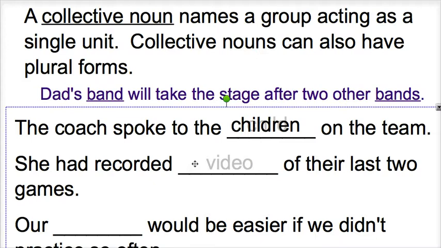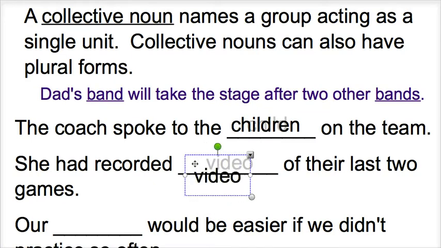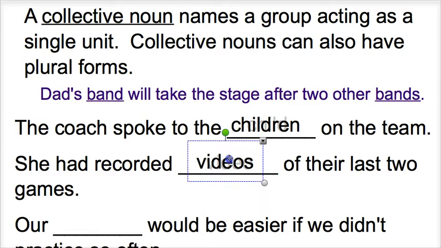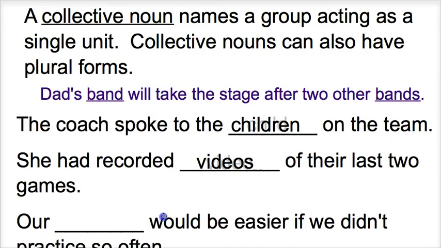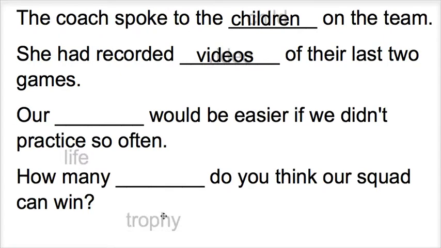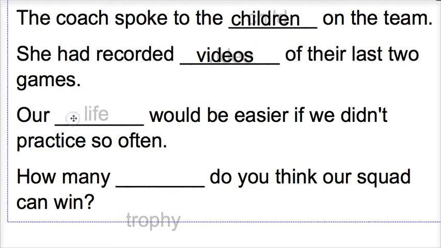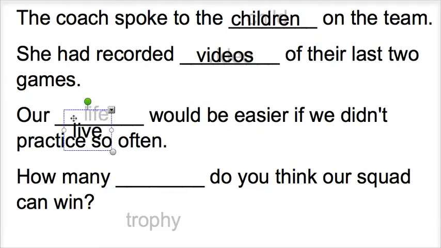How do we spell videos in plural form? V-I-D-E-O-S. Videos. We just add an S. Our life would be easier if we didn't practice so often. We can't say our life, we have to make that a plural noun. So we change our F to a V and add ES. We say our lives would be easier if we didn't practice so often.